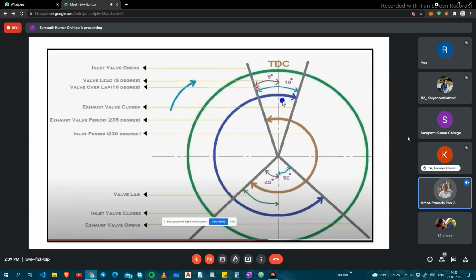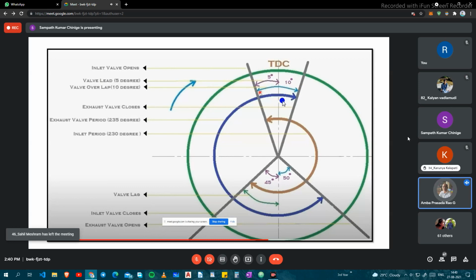Of course, the combustion may extend beyond this, but even otherwise it will be a small time only. 0.0025, or if not 0.0025, it will be 0.005. So in that time, you are expecting the engine to complete its combustion, and the engine should not emit harmful products of combustion. Your engine should satisfy your Euro 6 norms or Euro 4 norms, whatever norms are there.